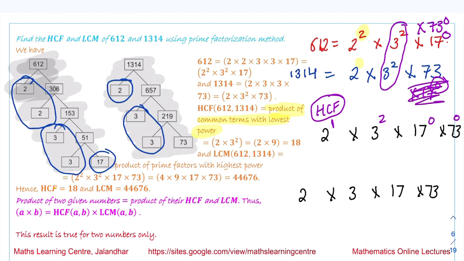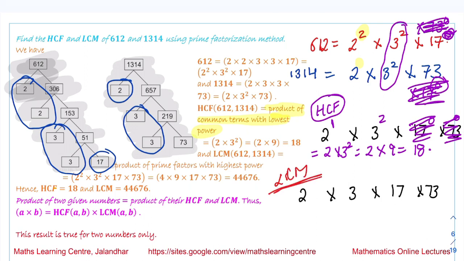So we need not write these terms over here, since the lowest power of these values is 0. So the HCF of these two numbers is 2 into 3 raised to the power 2, that is 2 into 9, which is equal to 18. Next we have to write the LCM of these two numbers.